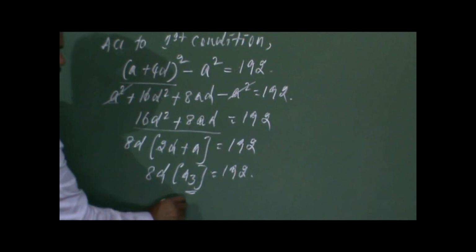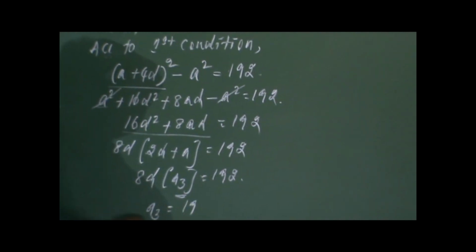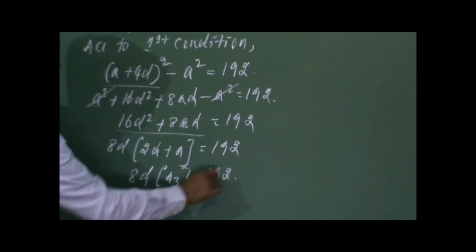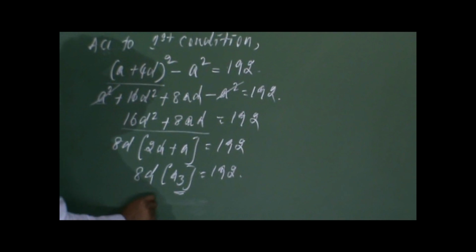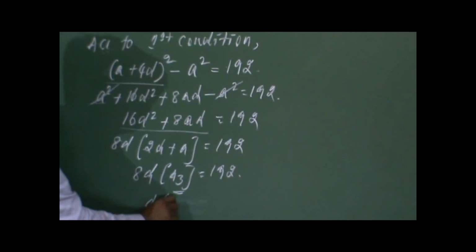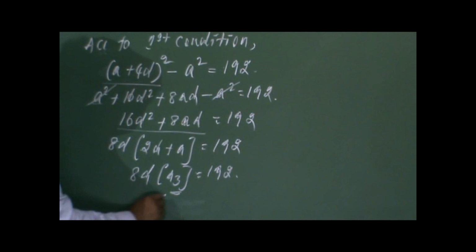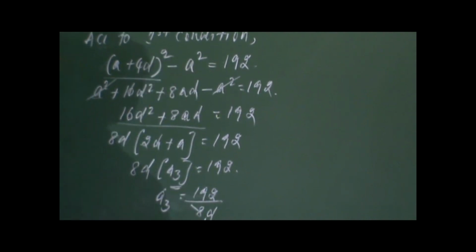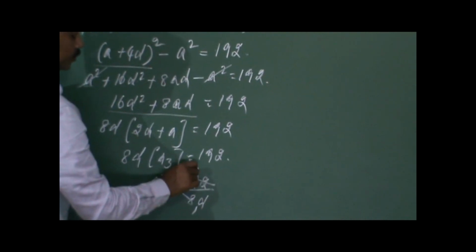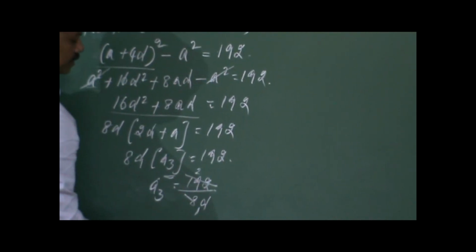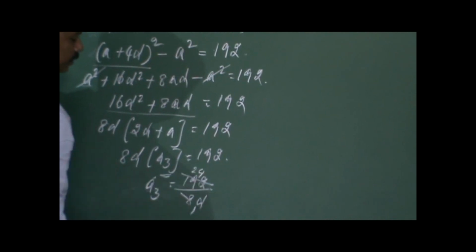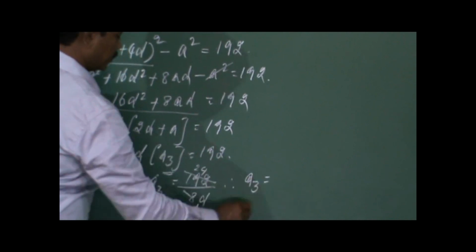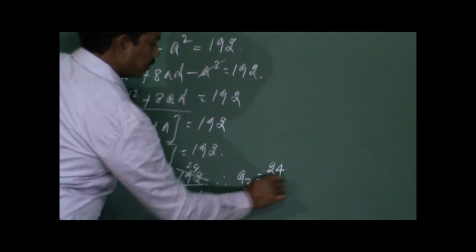You transpose 8 to the denominator of 192, so A3 is equal to 192 by 8D. 8 ones are 8, 8 twos are 16, 8 threes are 24, so we are left with 24. Therefore, A3 is equal to 24 by D.